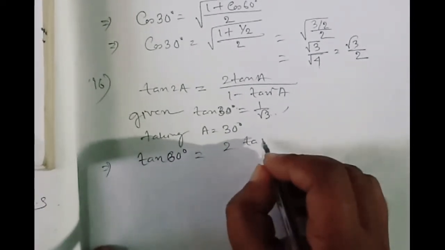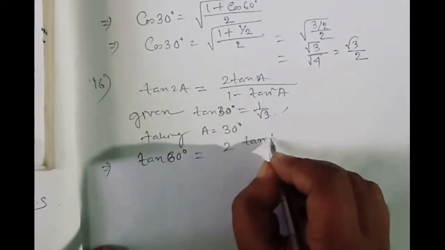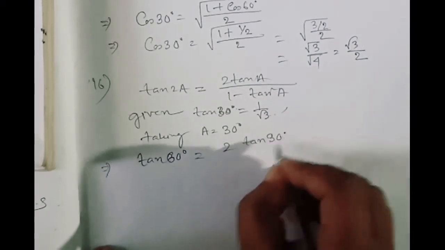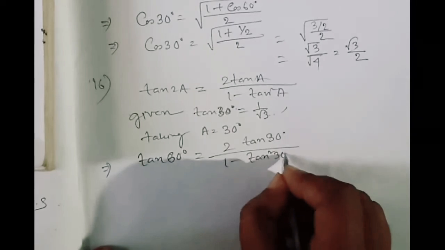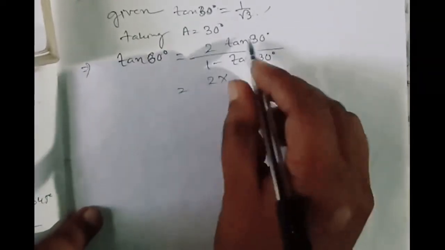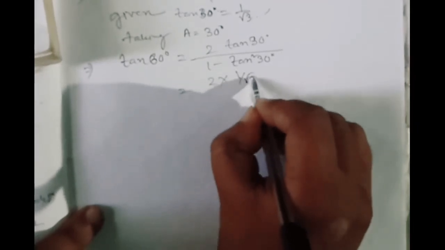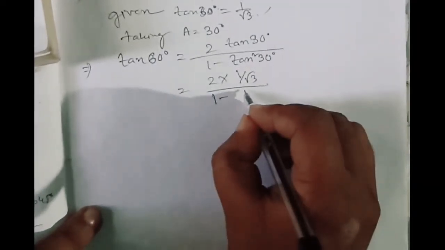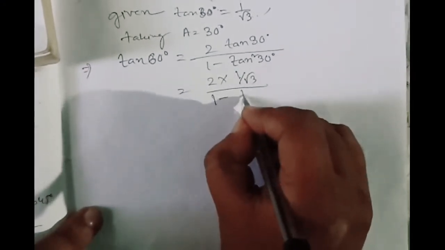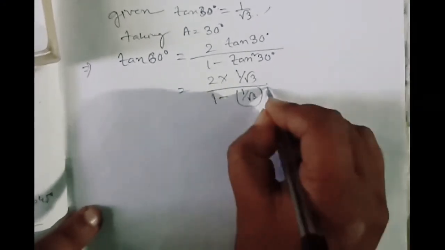Tan 60 degrees is equal to 2 tan 30 degrees by 1 minus tan square 30 degrees. Now, the value of tan 30 degrees is given as 1 by root 3, and tan square 30 degrees means 1 by root 3 square.